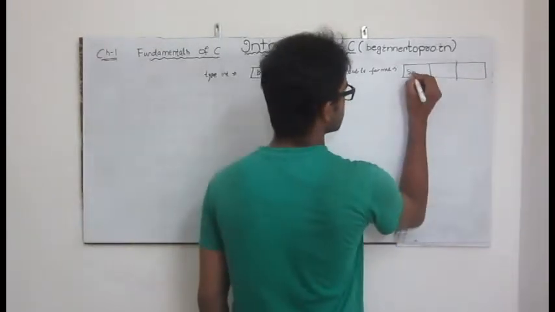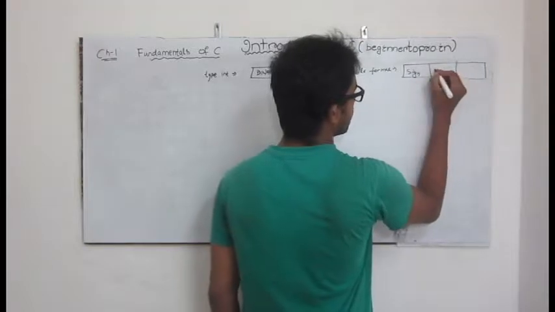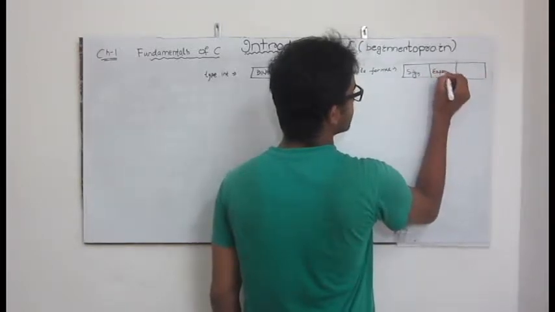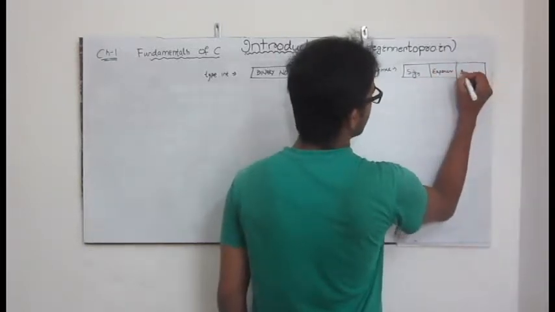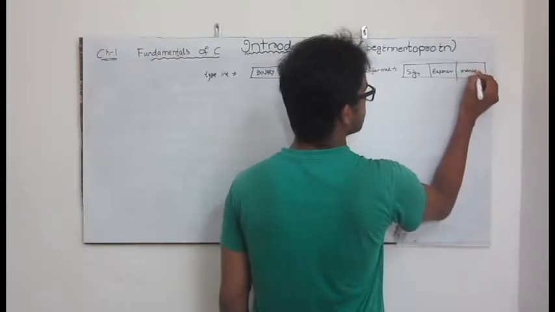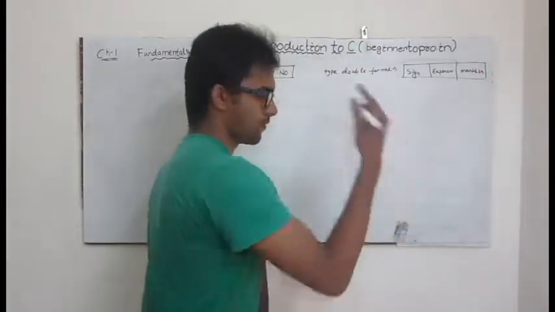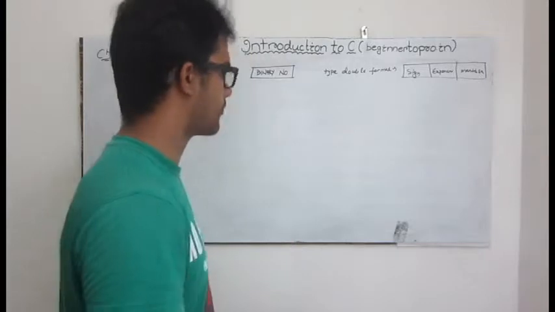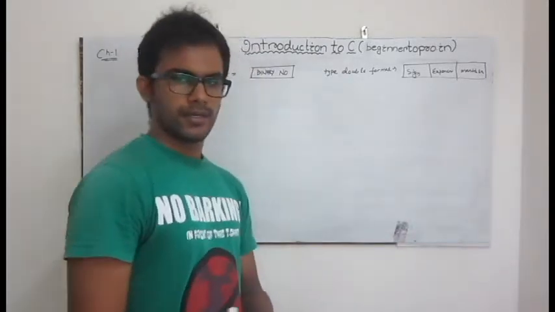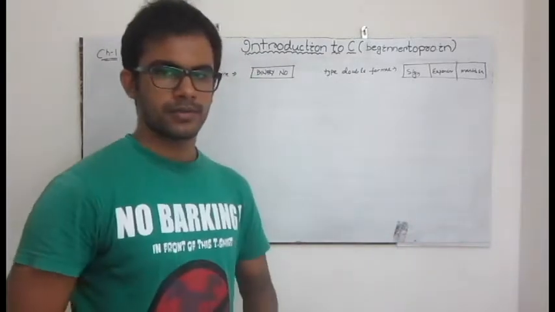One is sign, another one is exponent, and the other one is mantissa. Okay, we have solved the problem earlier on the valid double constants.